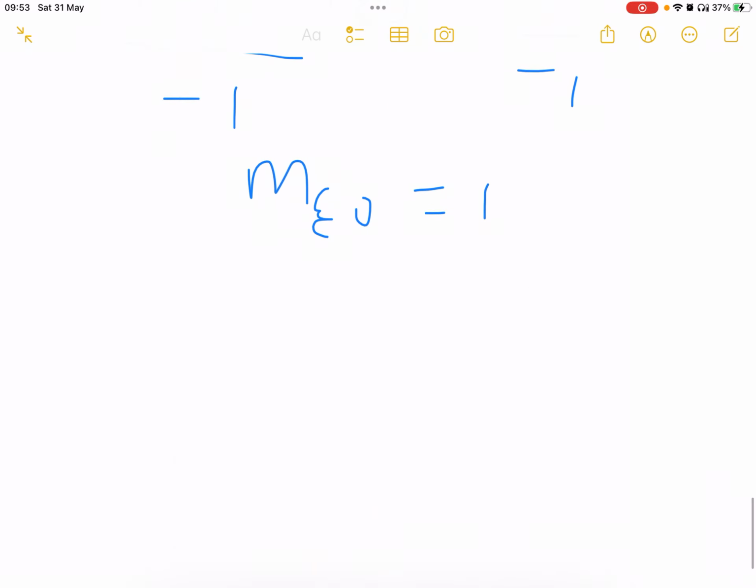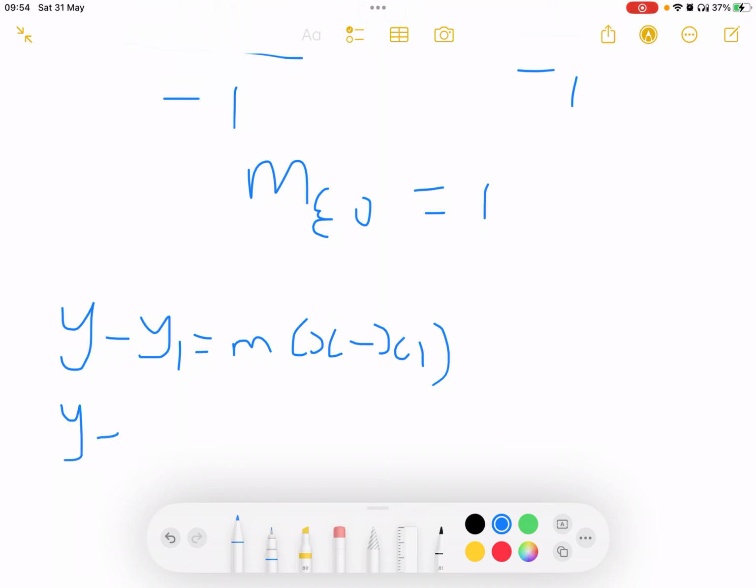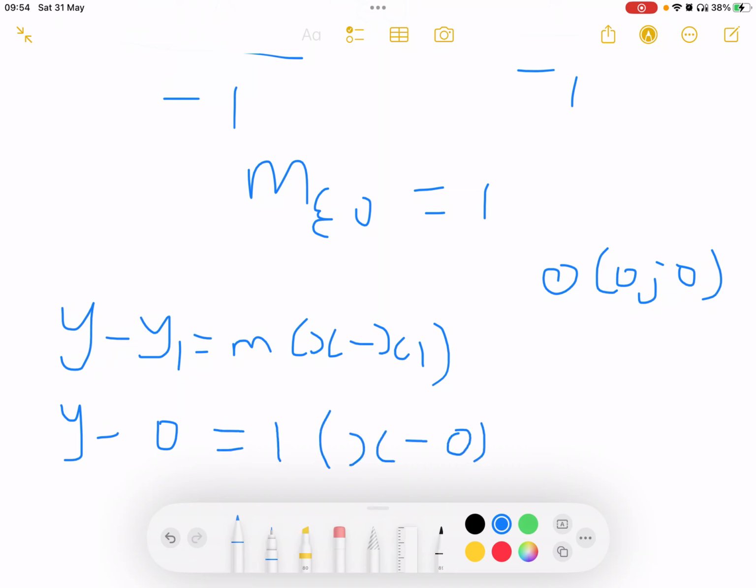Now, to find the equation, because the question said it was the equation in the format ax plus by plus c equal to 0, we're going to say y minus y1 equals m times x minus x1. Now, for EO, we only have O as the coordinate, so we're going to substitute them in here. y is equal to positive 1 times x minus 0.